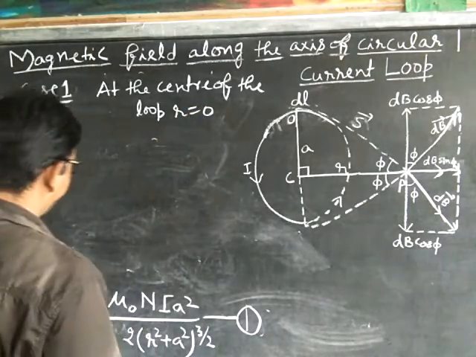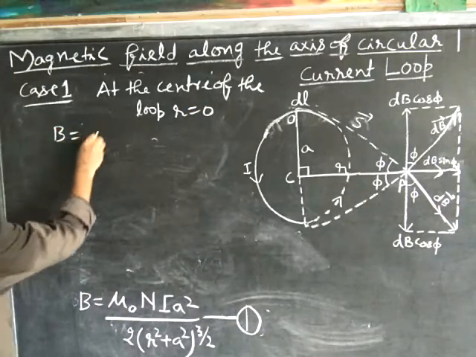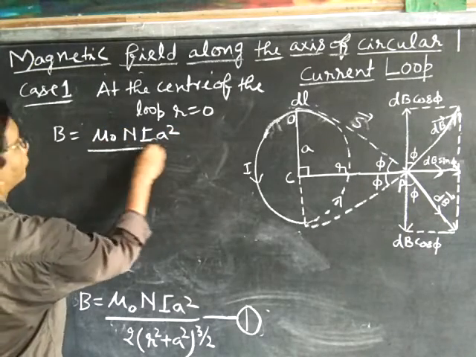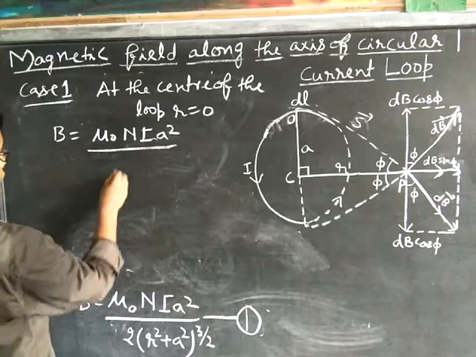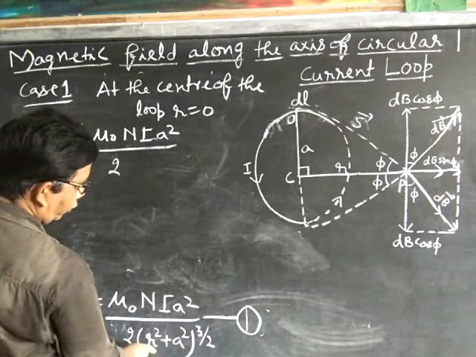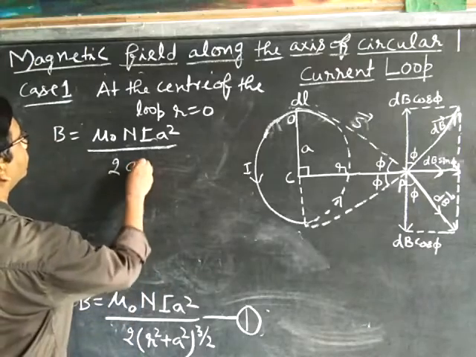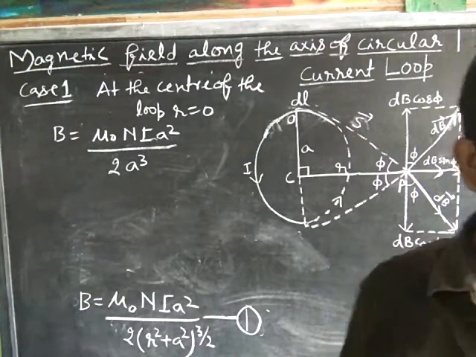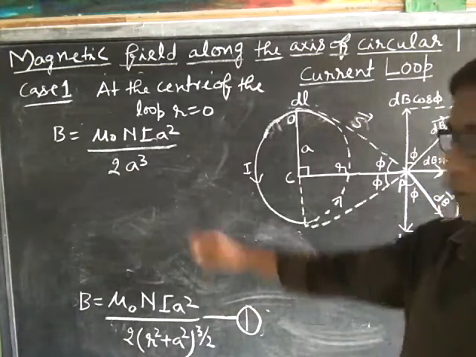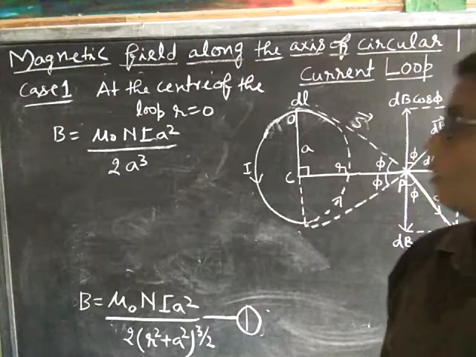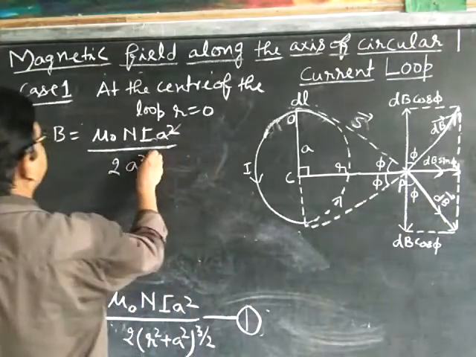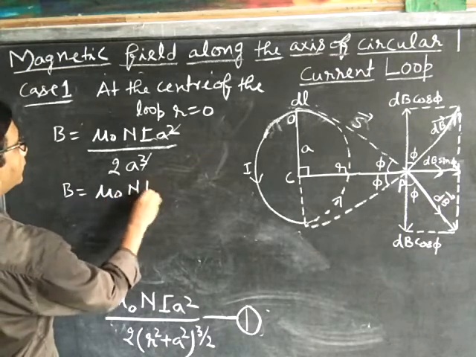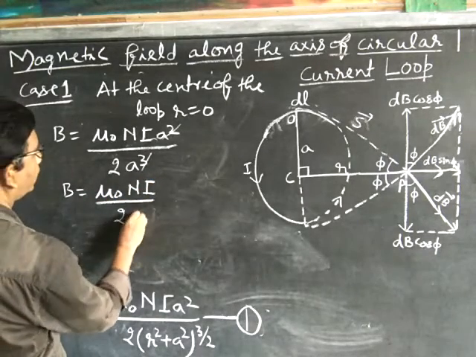Then equation first becomes B is equal to mu 0 N I A square upon 2 A cube. Now we cancel A square, then B is equal to mu 0 N I upon 2A.